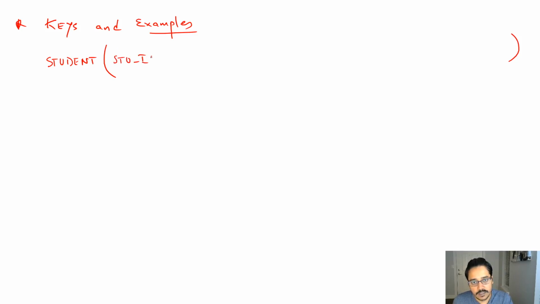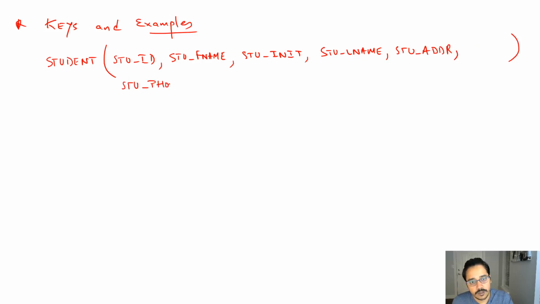So you can have student ID, let's say student first name, student initials, student last name, and then student address, thereafter student phone number, student GPA, student department, student designation or year.